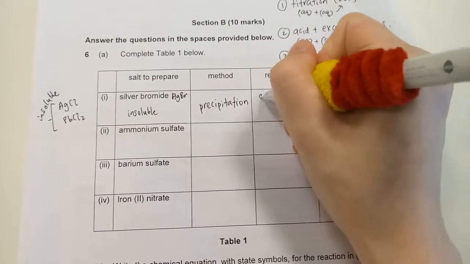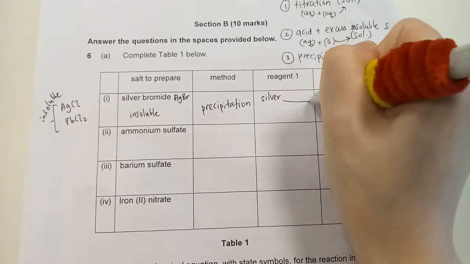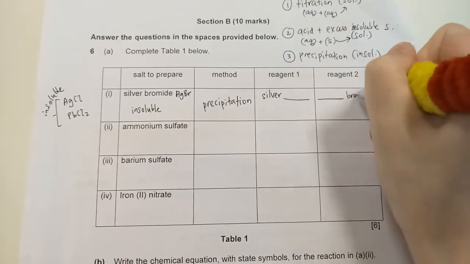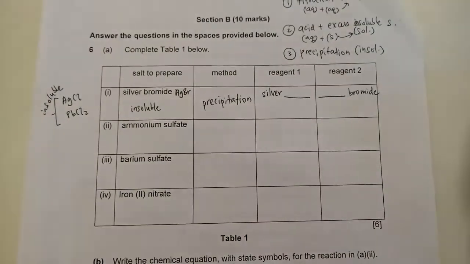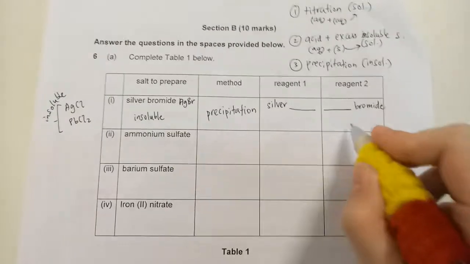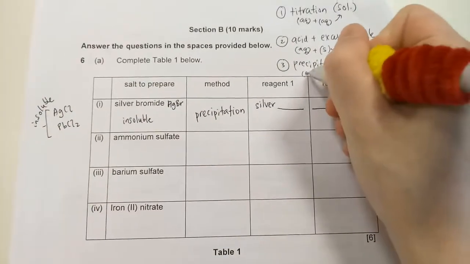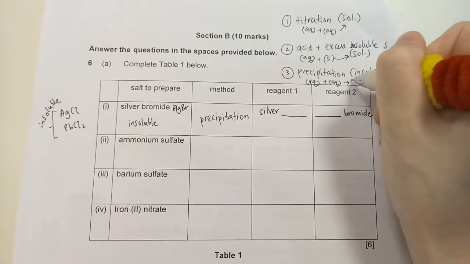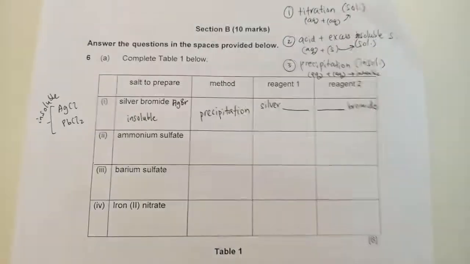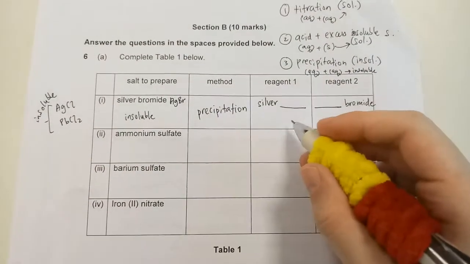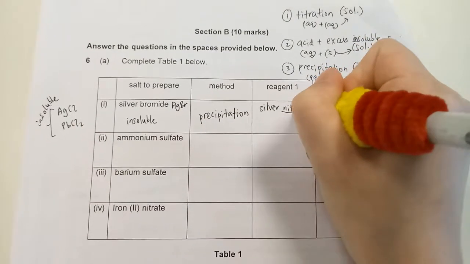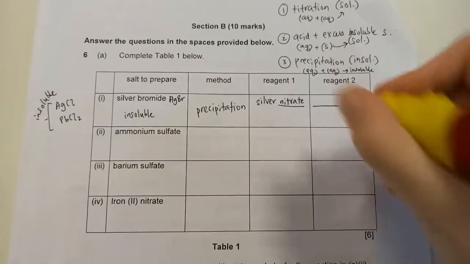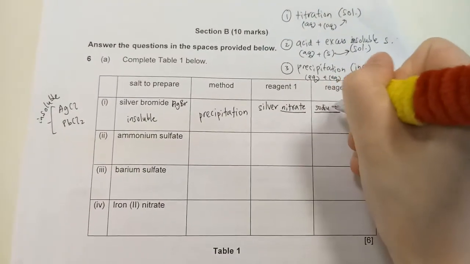So for reagent 1, I will have silver something, and the other one will be something bromide. I want to make sure both are soluble because precipitation is soluble plus soluble gives me an insoluble salt. We know all nitrates are soluble, so I can simply write silver nitrate. And I know all your sodium salts are soluble as well, so I can write here sodium bromide.